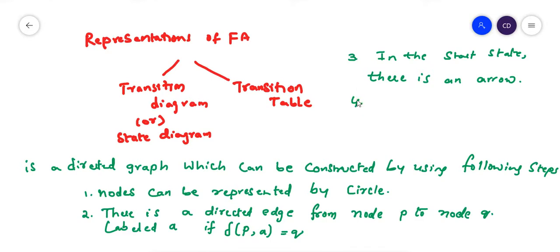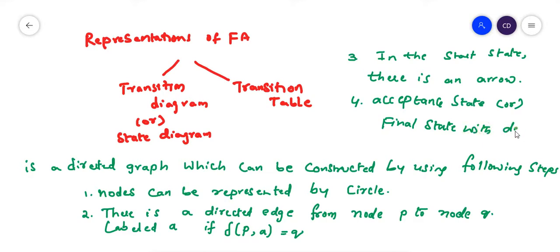And the fourth one, the acceptance state or final state, is drawn with a double circle.